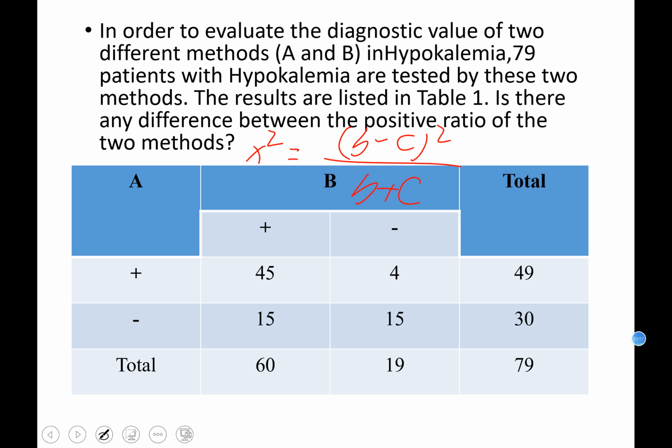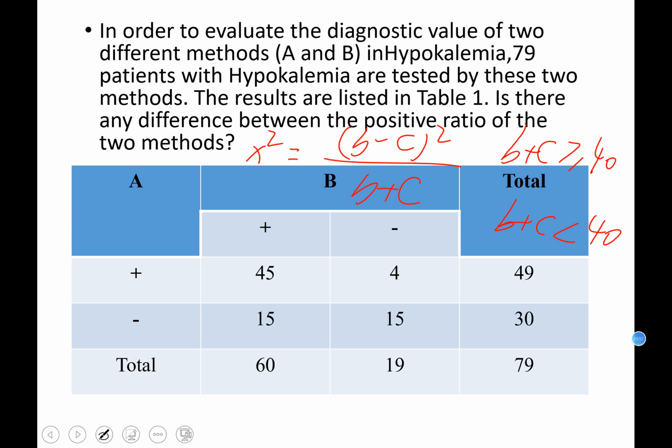But notice that there is still a limit for this formula: b plus c must be more than or equal to 40. If b plus c is less than 40, we need to correct the formula. I think we have explained that in our statistics class, and I won't repeat it in this practice class. You can find it in your book.